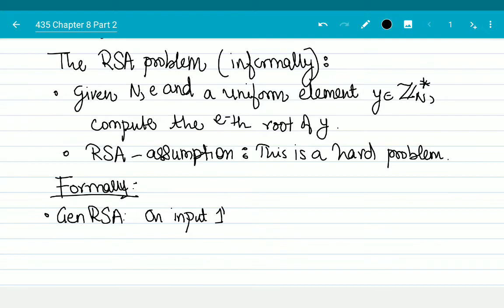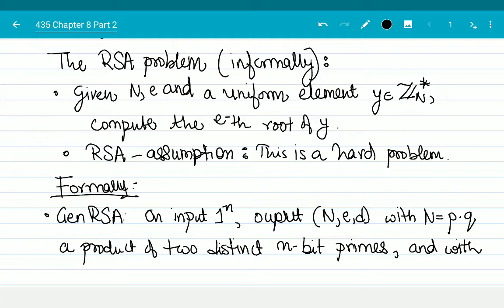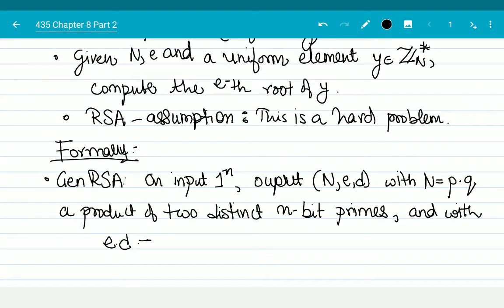On input 1 to the n, output N, e, d with n equal to pq, a product of two distinct n-bit primes, and with e times d congruent to 1 mod phi n.